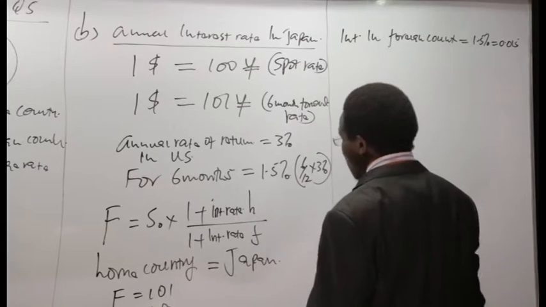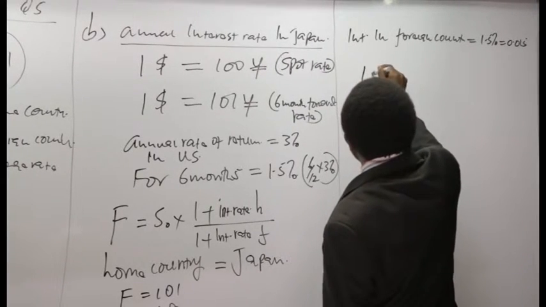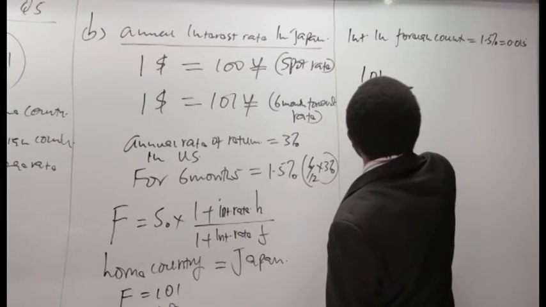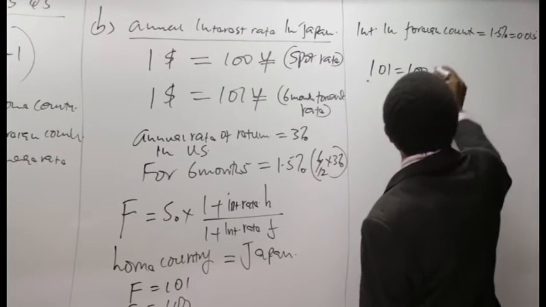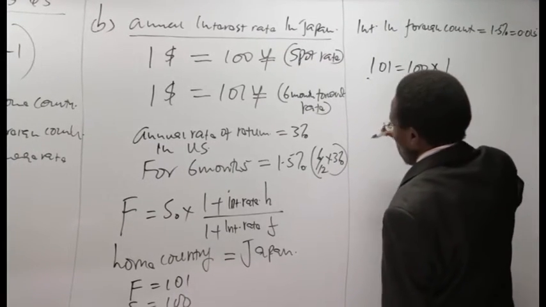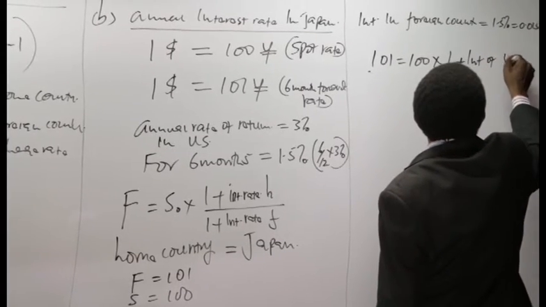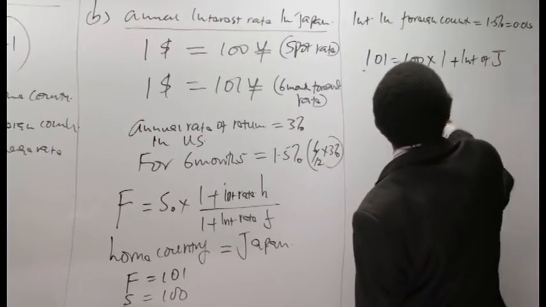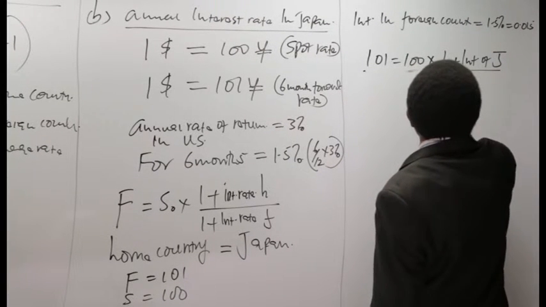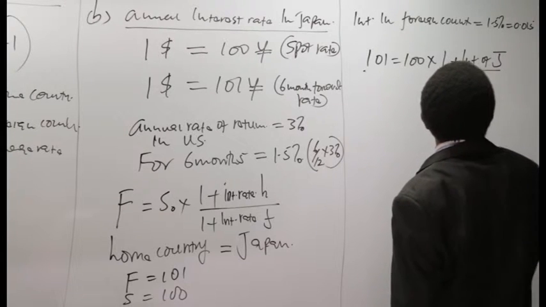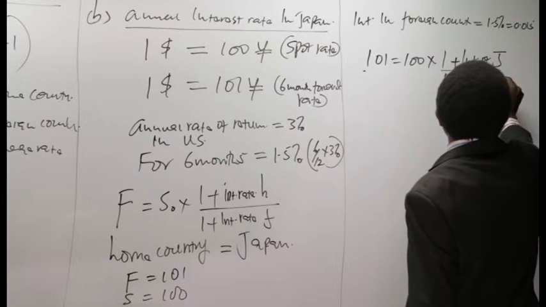So for the 6 months, you can say that the forward of 101 is equal to 100 multiplied by 1 plus the interest of Japan, let me say J meaning Japan, over 1 plus the interest rate of the US, the foreign country, which is 0.015.